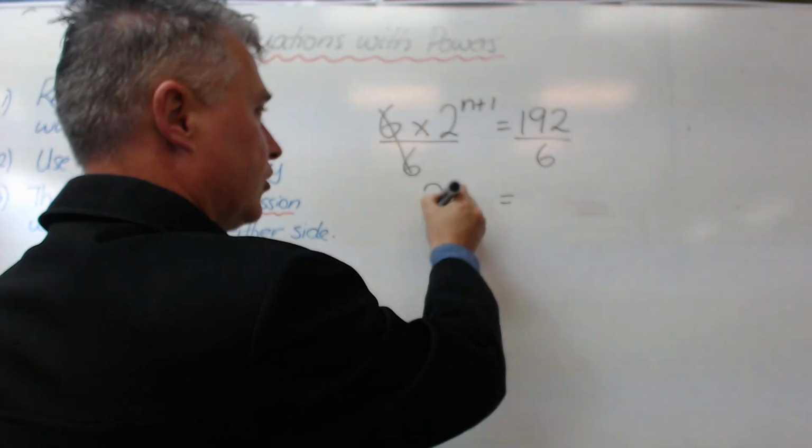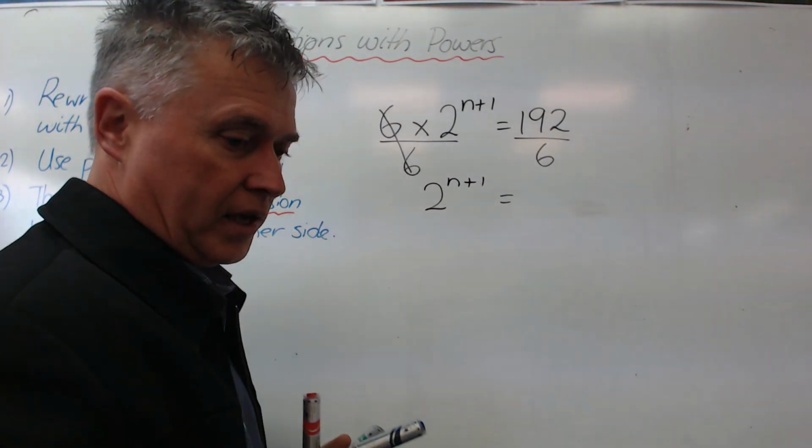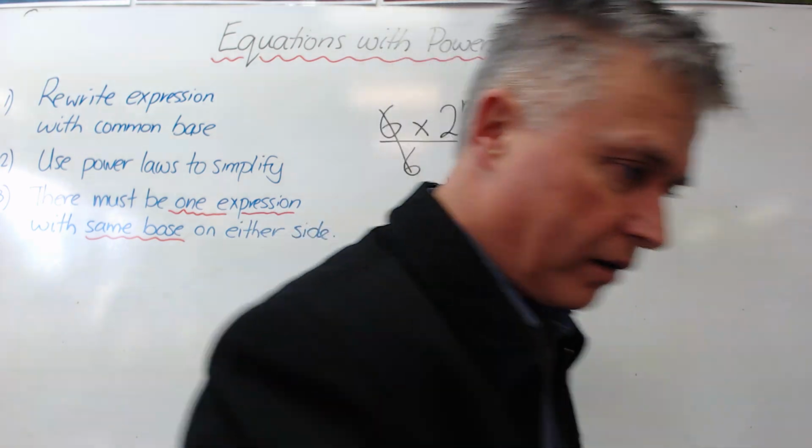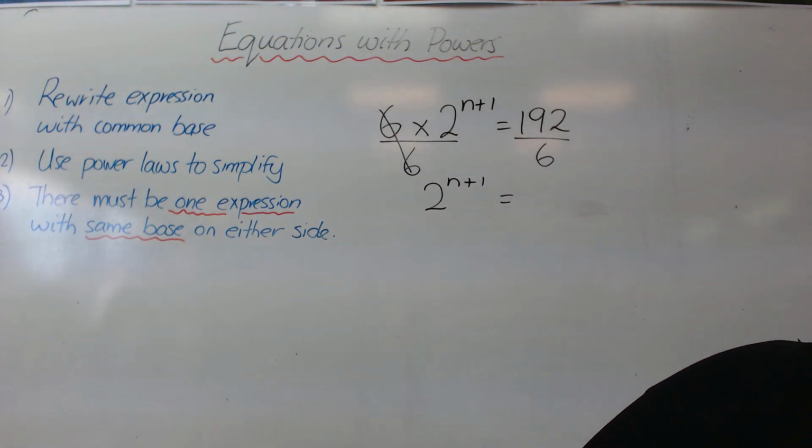So now we've got 2 to the n plus 1 equals this number here, and I'm just going to use the calculator on my computer because I'm not sure. 192 divided by 6.